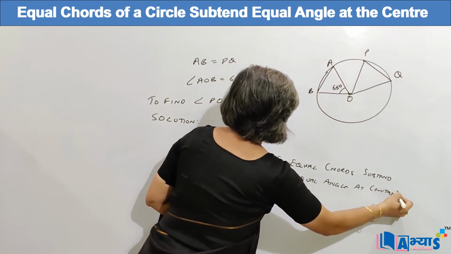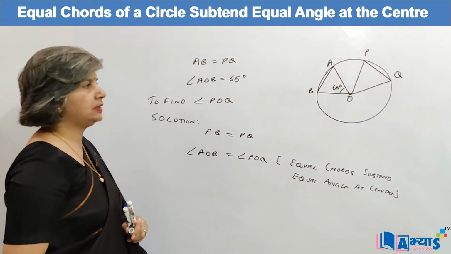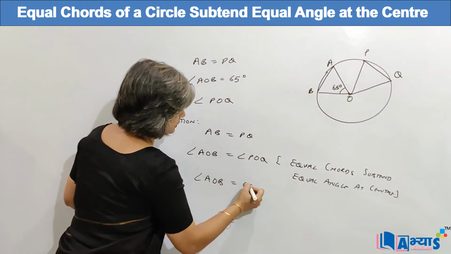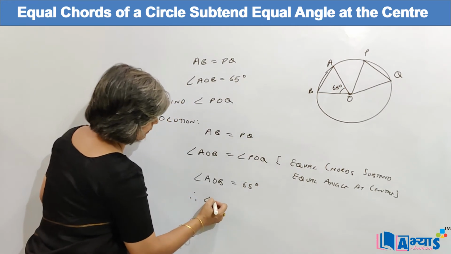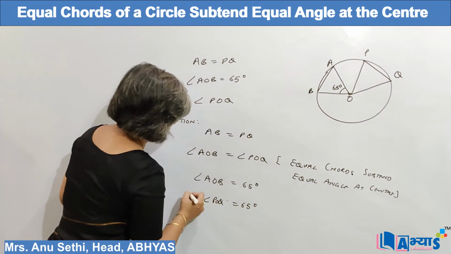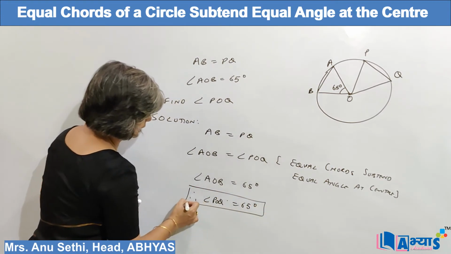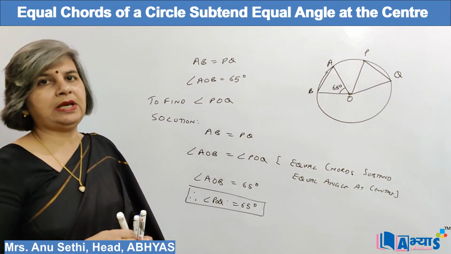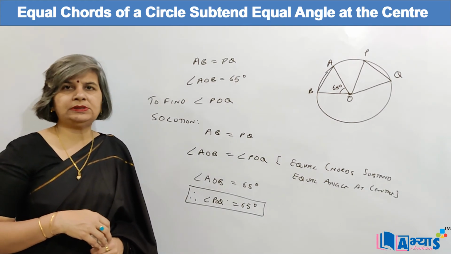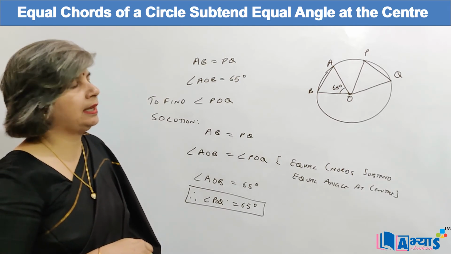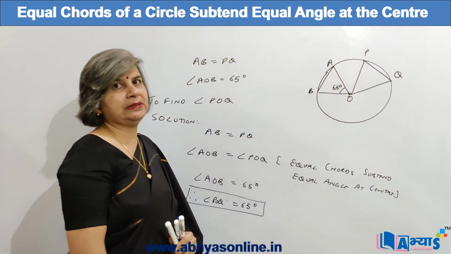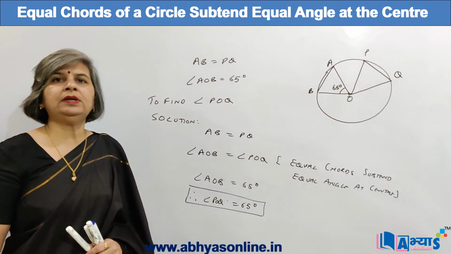Now as the chords are equal, these angles are equal, and we are given that angle AOB is equal to 65 degrees. Therefore angle POQ will also be equal to 65 degrees. So this is how we can find the angle POQ when we are given the angle AOB, because we know that AB and PQ are equal chords and equal chords subtend equal angle at the center. As angle AOB is 65 degrees, angle POQ will be 65 degrees.